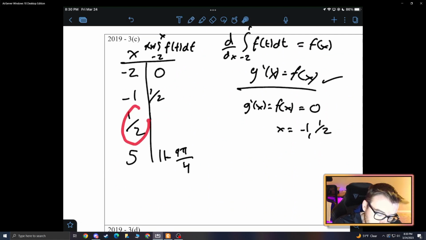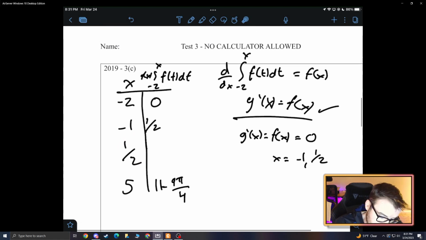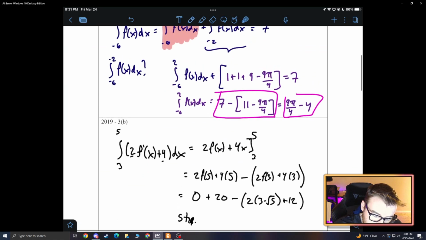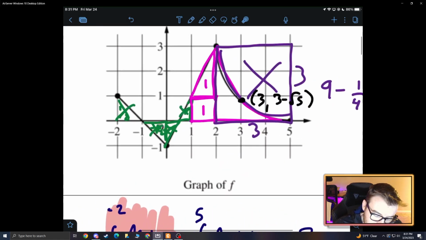And then we plug in this. What is the integral from -2 to +1/2? Well, you go back up to the graph. -2 to +1/2. This 1/2 and this 1/2 canceled.